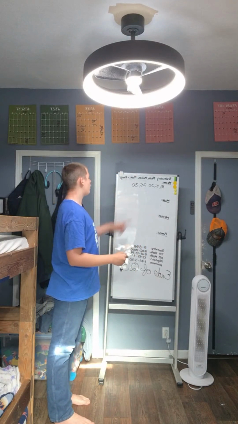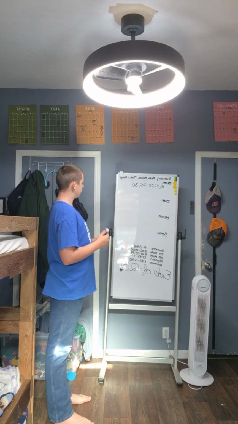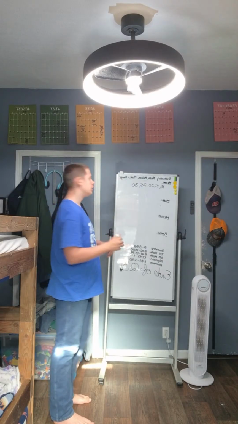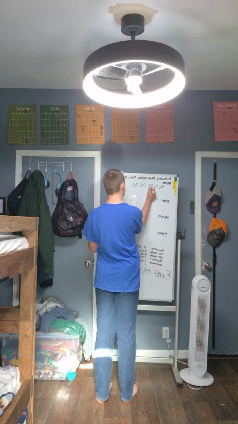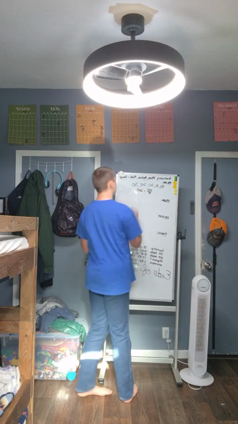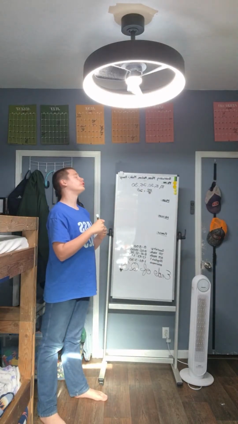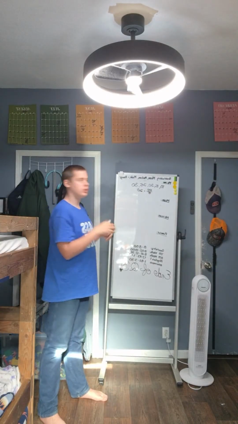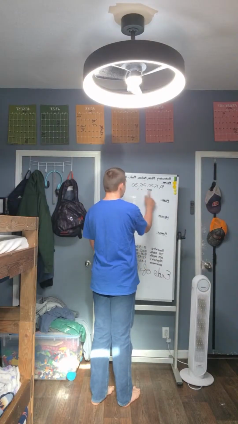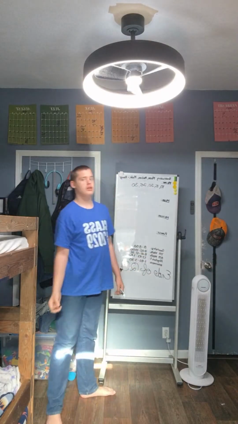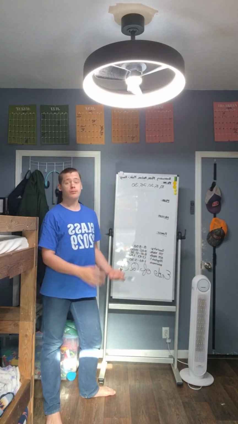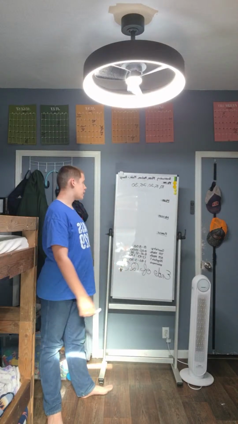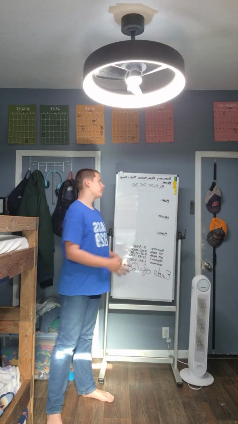Okay, so we add all of these up, we get 25, 45, 70, 100. So we get 100 divided by 5 is equal to 20. The average is 20. So what if we do 10, 10, 10, 10, and 10? Would that change our average? Yes, it changes our average real quickly.